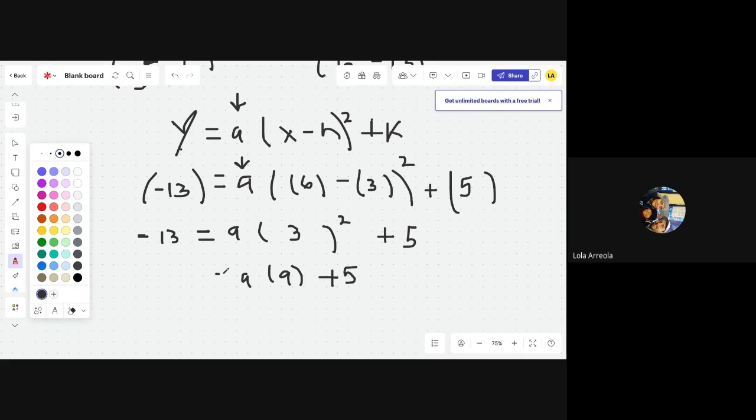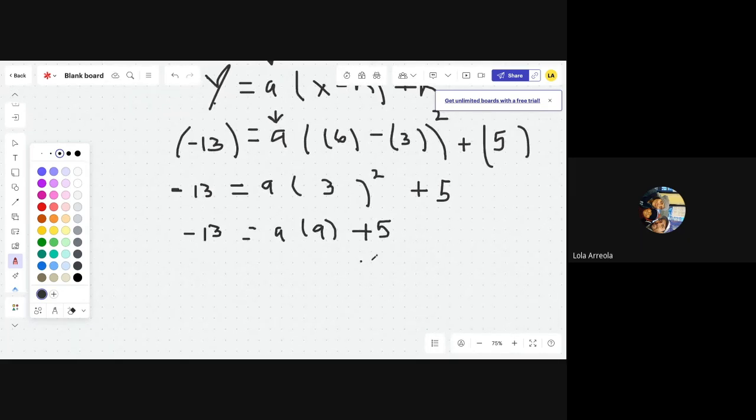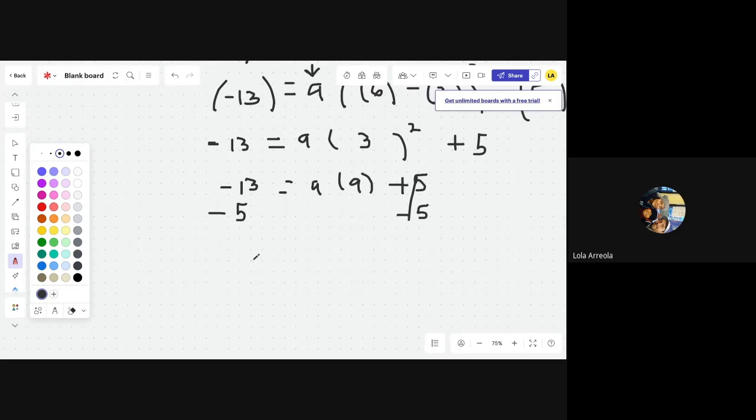Plus 5 is equal to negative 13. Okay? I'm solving for A, so I want to isolate the A. So I'm going to move 5 over here. I'm going to subtract 5. Now it's gone from that side. Whatever I do to one side, I do to the other. Negative 13 minus 5 is negative 18, equal to 8 times 9.